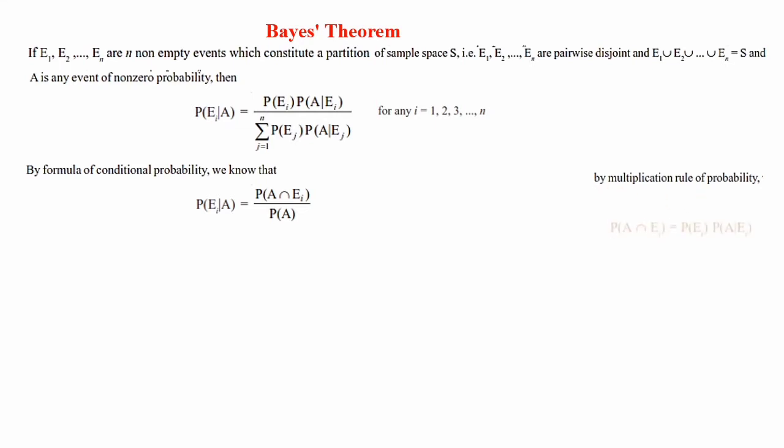By multiplication rule of probability, P of A intersection Ei is equal to P of Ei into P of A given Ei. So just substitute here, that is P of Ei into P of A given Ei divided by P of A.